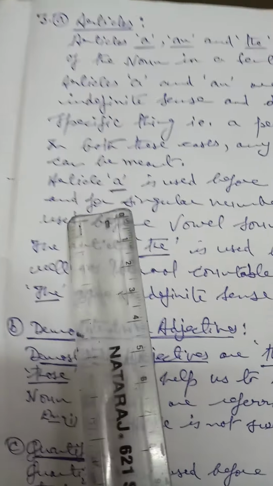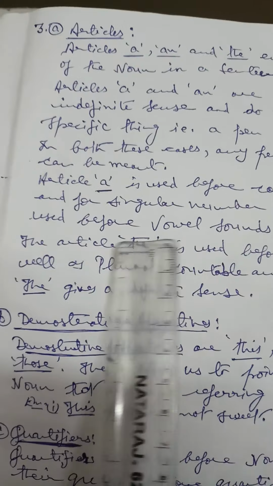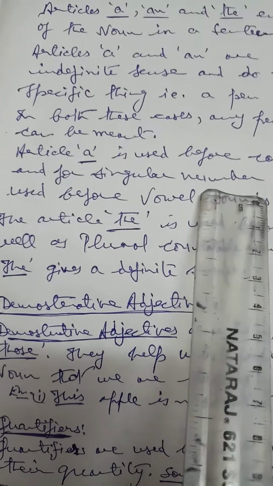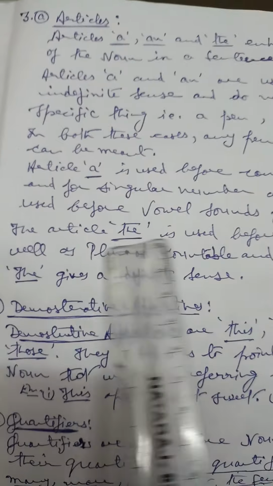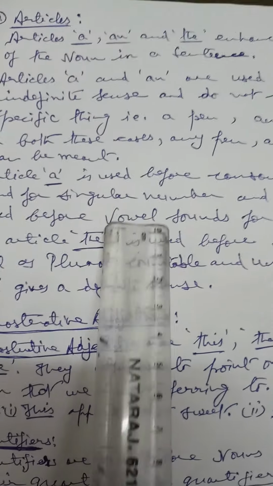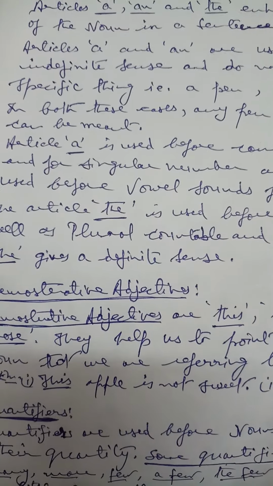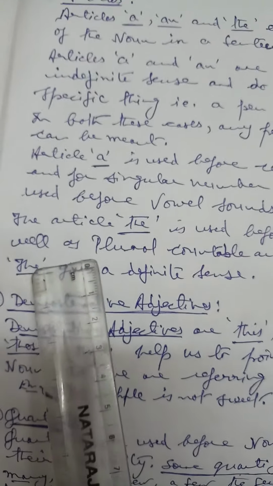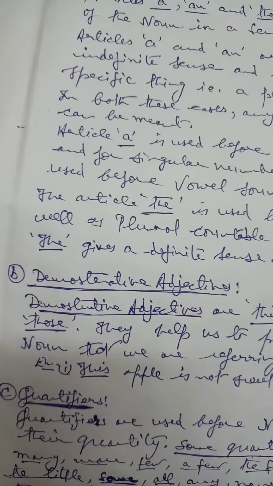Article a is used before consonant sounds, all of you know, for singular number, and article an is used before vowel sounds, for singular number. Now, the article the is used before singular as well as plural, countable and uncountable nouns.